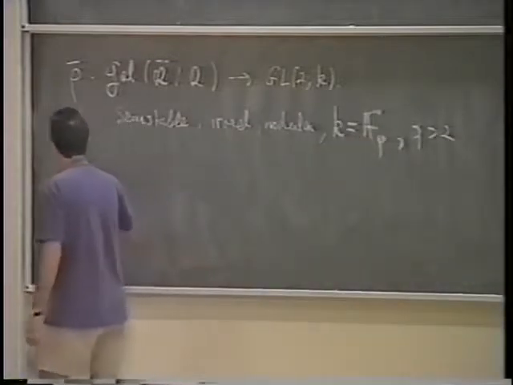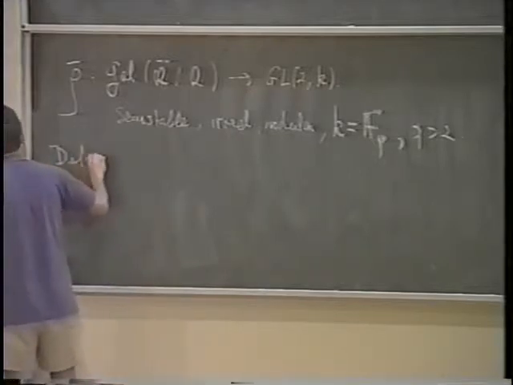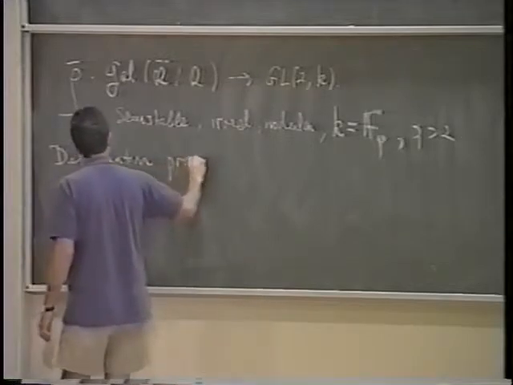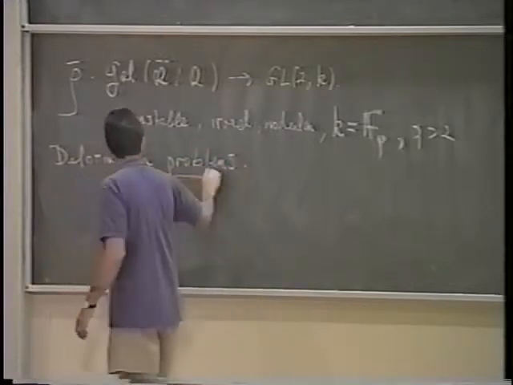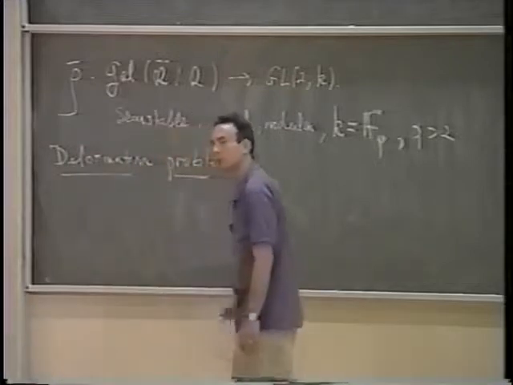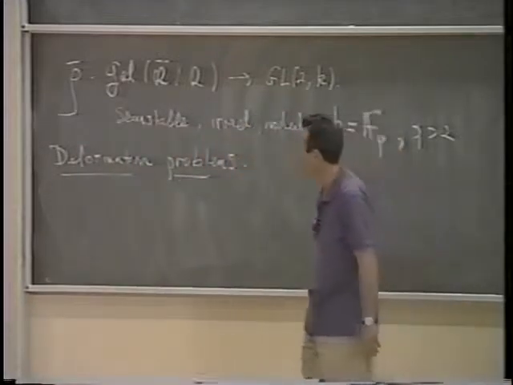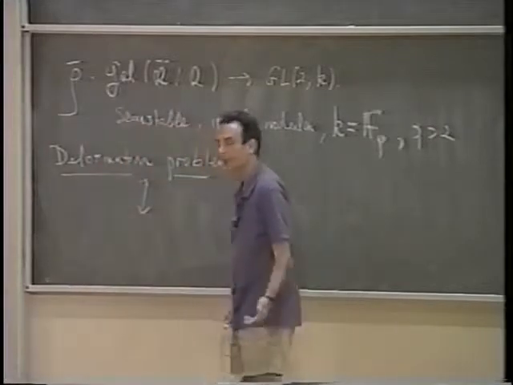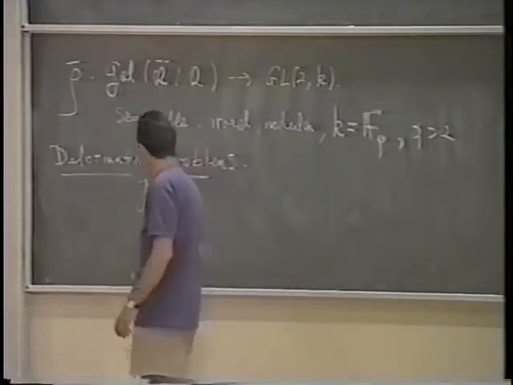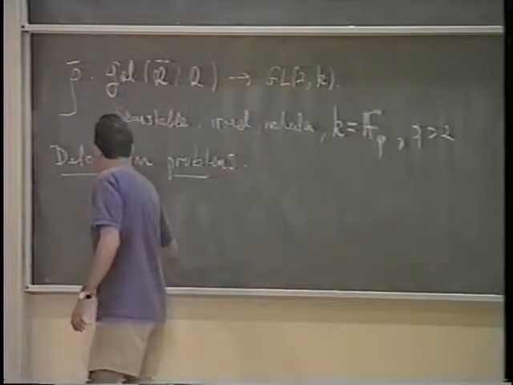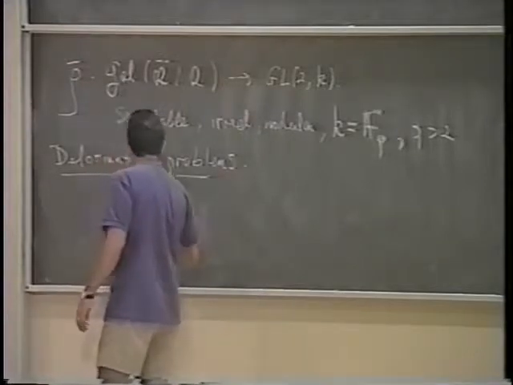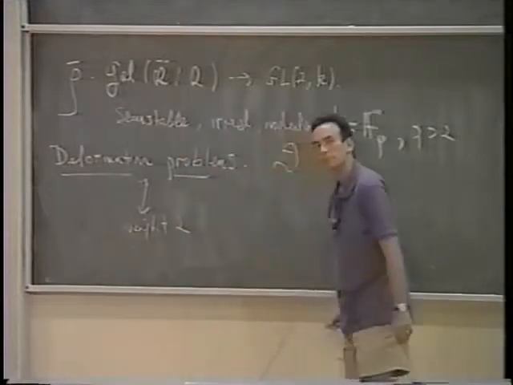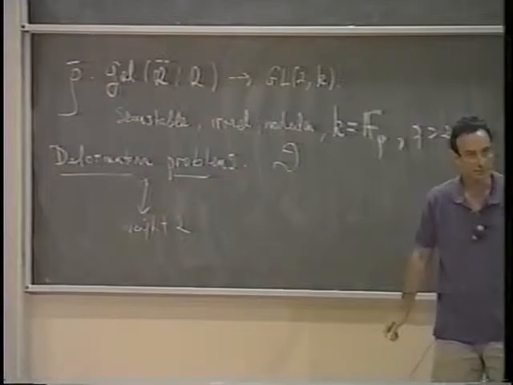And we are considering deformations. More precisely, we are considering deformation problems. And these deformation problems are problems which we hope are solved in the sense that Udi alluded to at the beginning of his lecture this morning by modular forms of weight 2. And a typical such deformation problem is called D. D represents a set of local conditions.